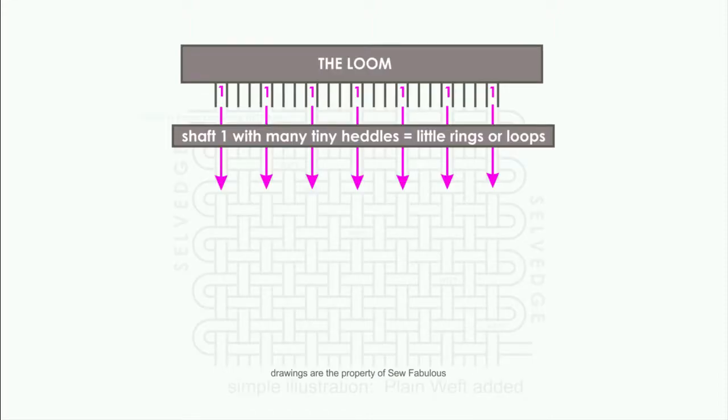For a plain weave, every second warp thread is run through heddles on a shaft. These heddles are usually made of metal and are placed very close together. They are also very small on top of this shaft. Let's call these warp threads the ones.